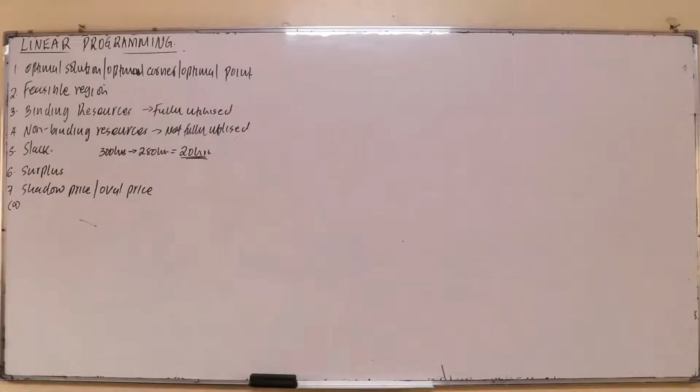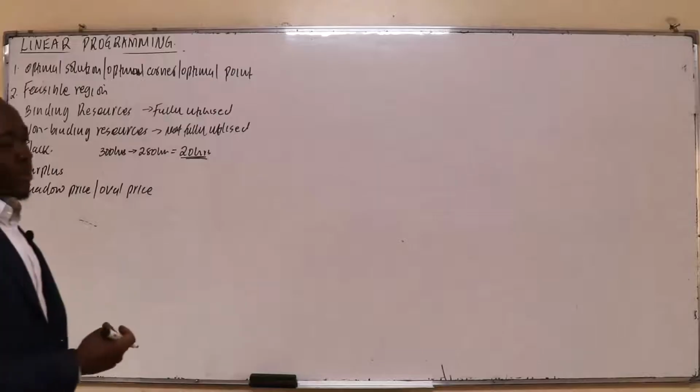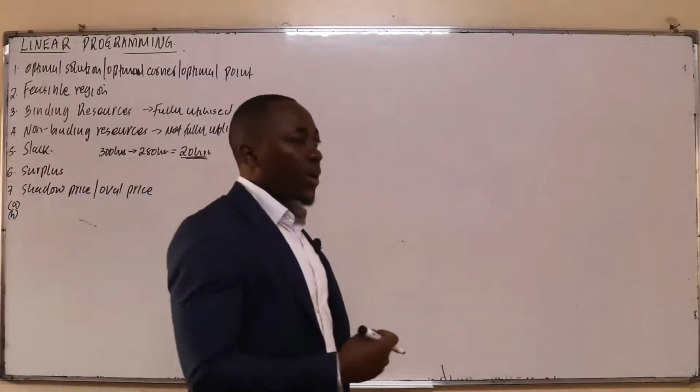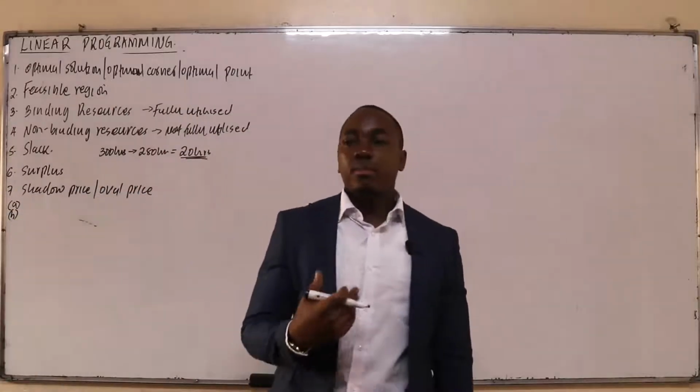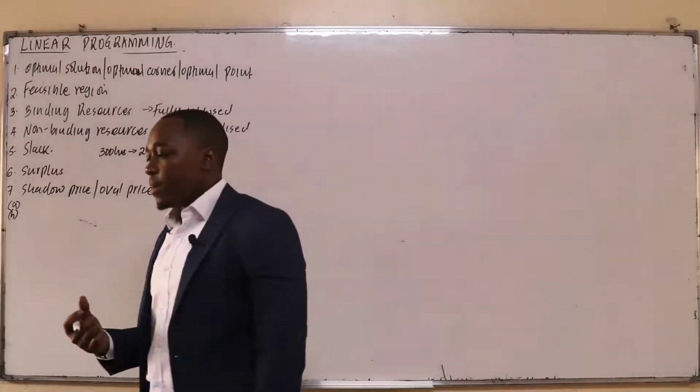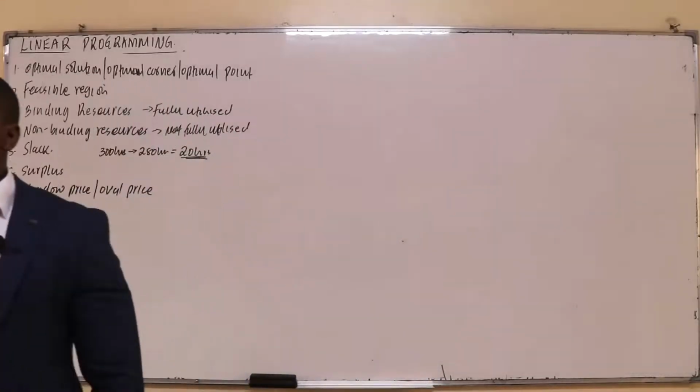Good. Another definition, that's B: maximum profit obtained for acquiring an extra unit.